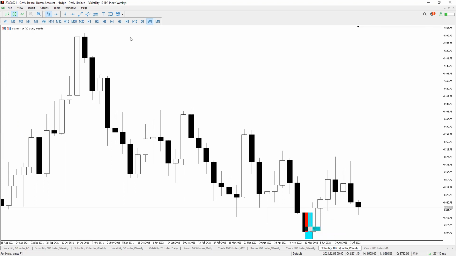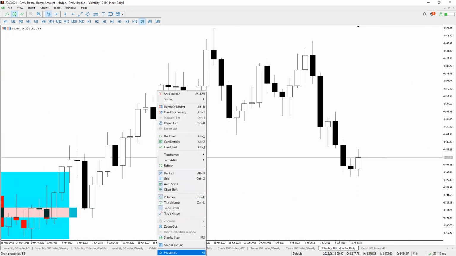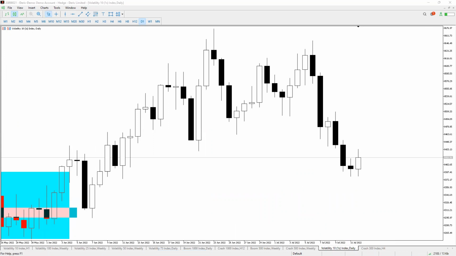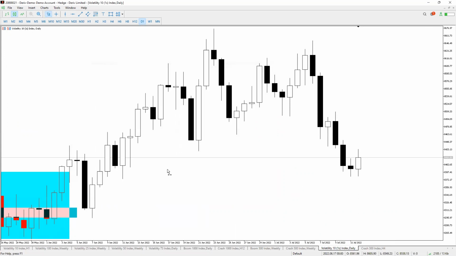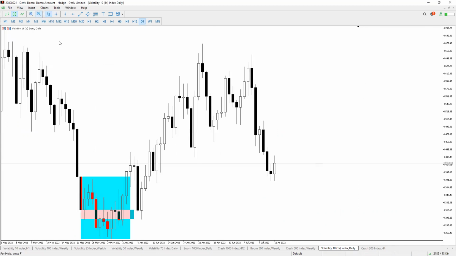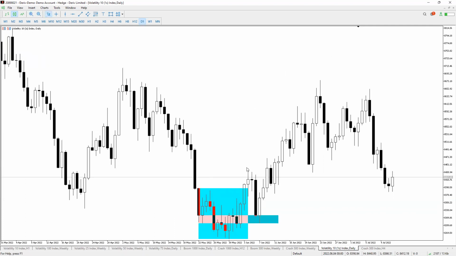So this is a good area for us to take the trade. So that is why price came in here, and then gave us this particular reaction.